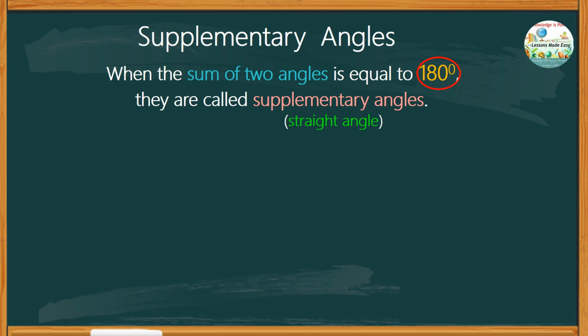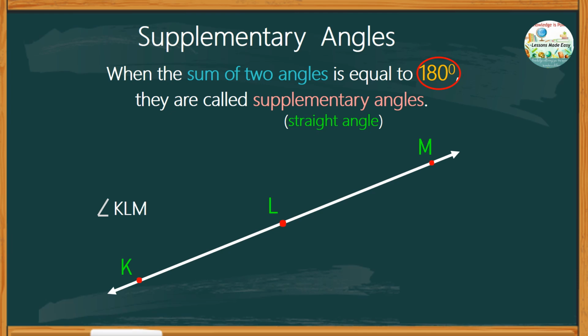Let's look at another example of supplementary angles. Study this straight angle KLM with a measurement of 180 degrees. If we split this angle into two by adding one side, we now have two angles and they are called supplementary angles. Let's name the side LT.